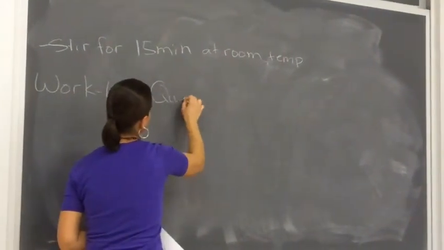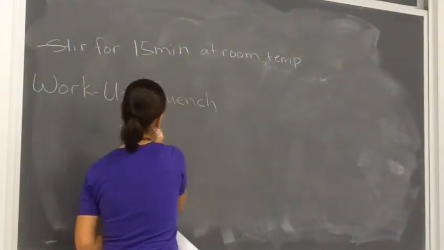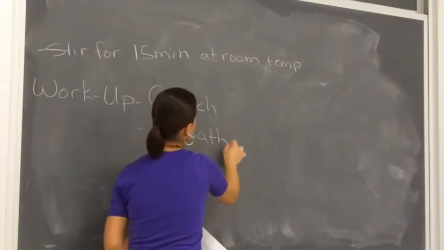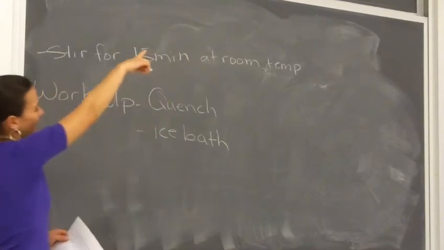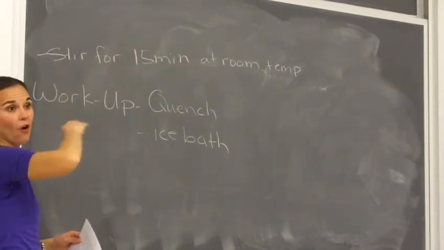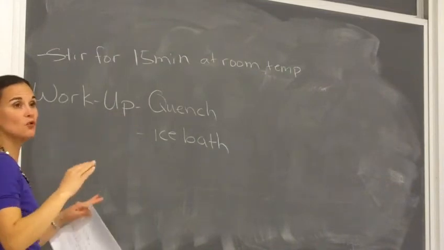For the workup, or we could call this the quench, we are now going to use an ice bath. And this comes from when we are adding the sulfuric acid, we do not want the reaction refluxing at all. Okay, so not even a controlled reflux.